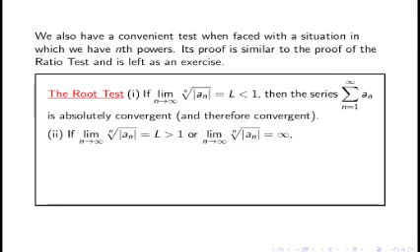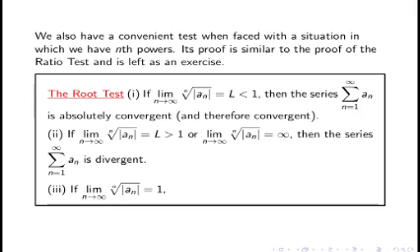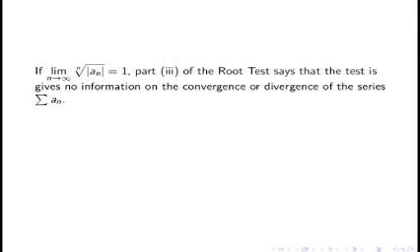If that limit is L a number greater than 1, or if that expression, the nth root of the absolute value of an, goes to infinity as n goes to infinity, then again the series diverges. And finally, if the limit as n goes to infinity of that expression is 1, then the root test is inconclusive. As in the previous case, it means it doesn't tell us anything about the convergence of the series.